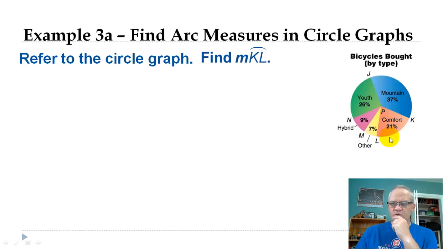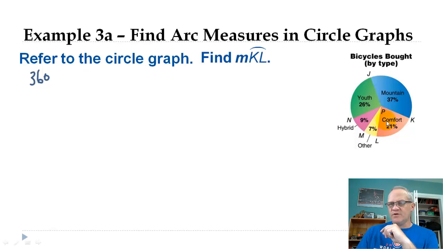All right, so what we need to do here is find the degree of the central angle. It's going to be the same as the arc. Well, how many degrees do we have total in a circle? 360, right? So we have 360 degrees. And in this pie chart, the part that we're trying to find is 21%.